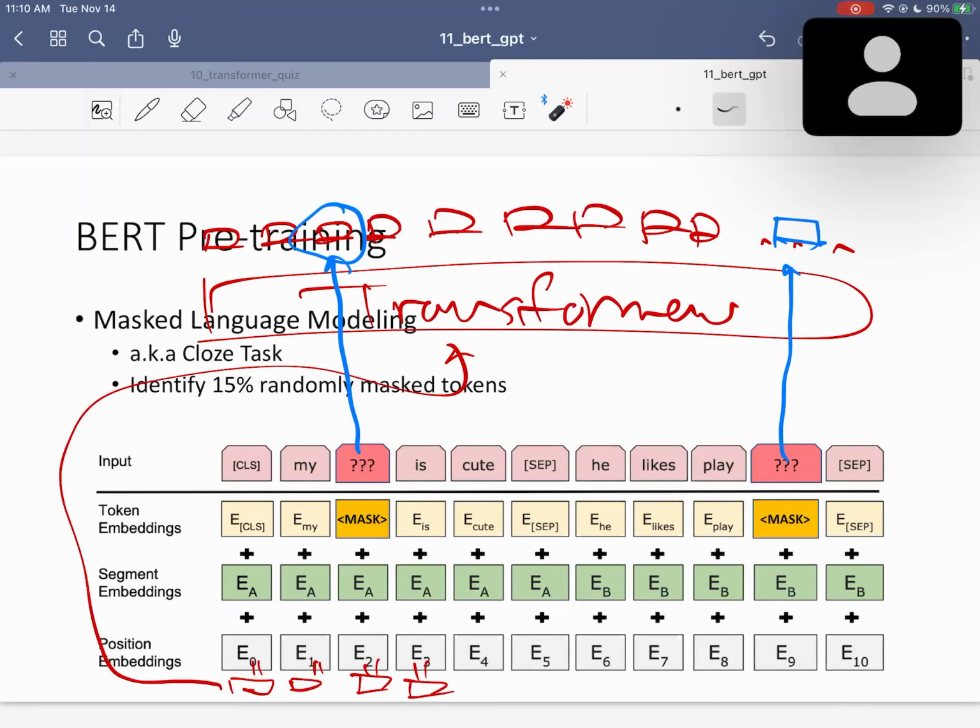The gist or the core of this MLM is that you take some random percent of your input and mask them, like hide their identity, and leave the other ones intact. Then after the transformer layers, after it's been contextualized by attending to all the other tokens 12 times because it's 12 layers, this token will be able to predict its original identity.